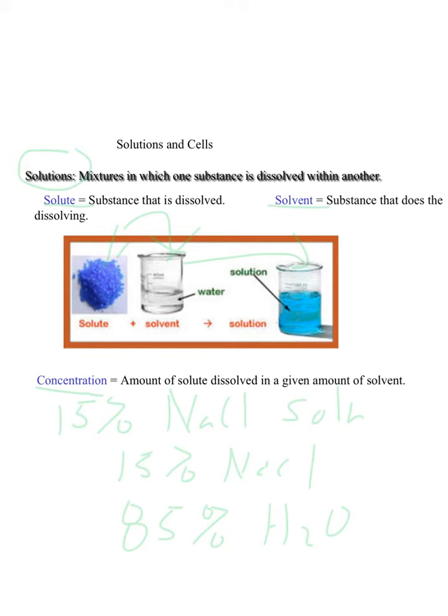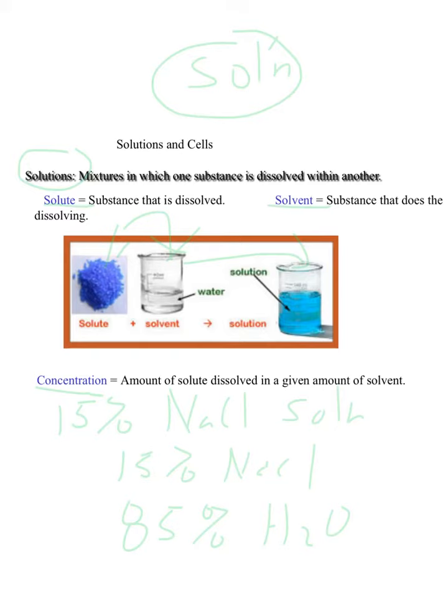So what does all this have to do with cells? Well, imagine a cell as being just a container which is holding some type of solution. Dissolved wastes, nutrients, important cell products, whatever.